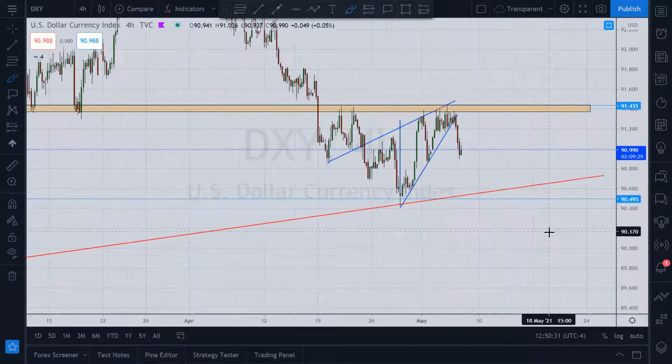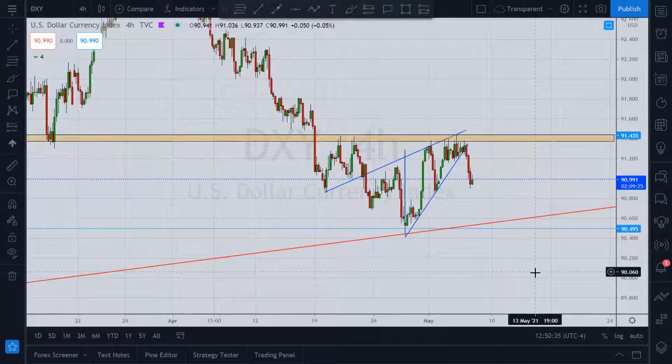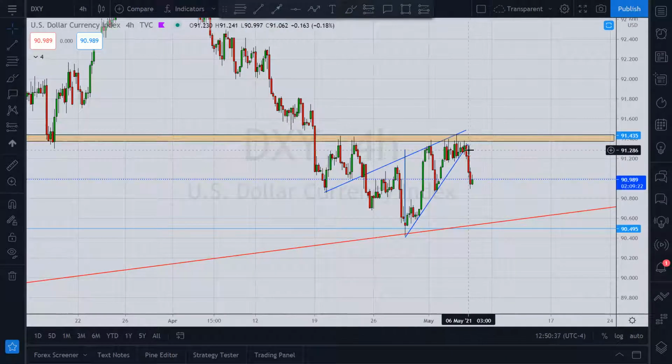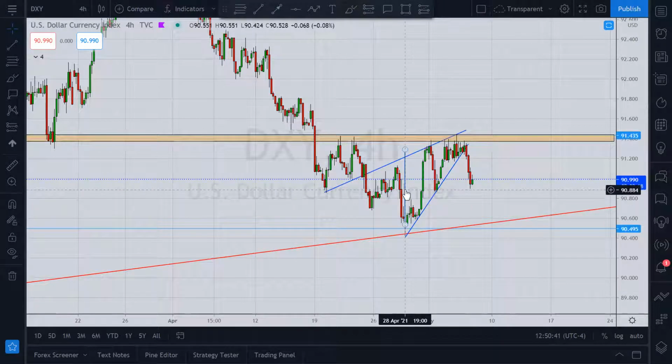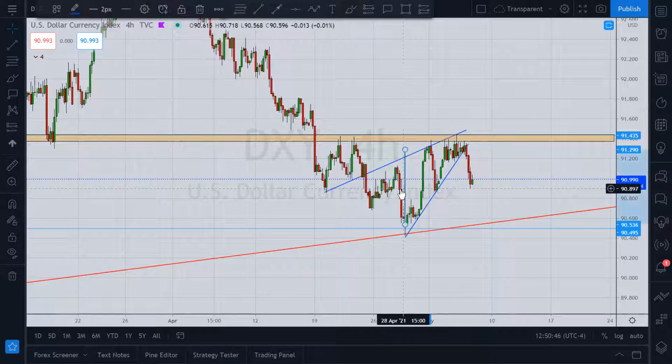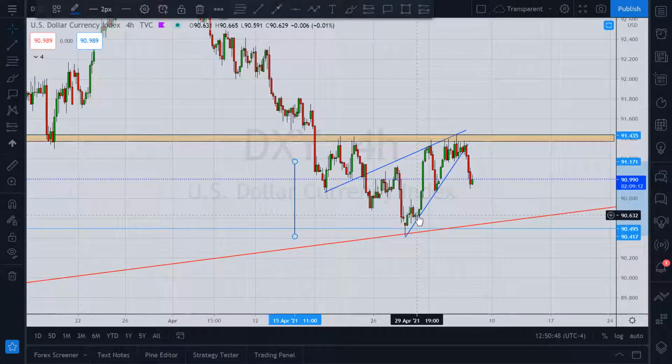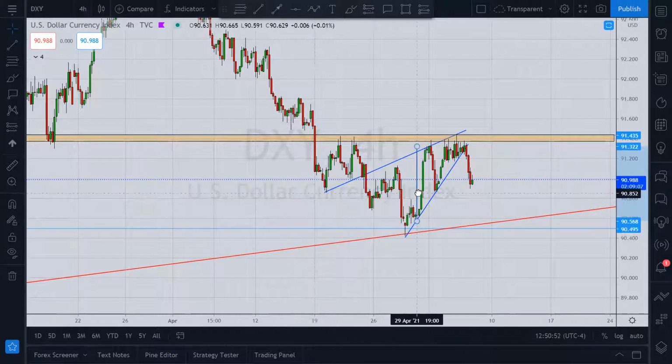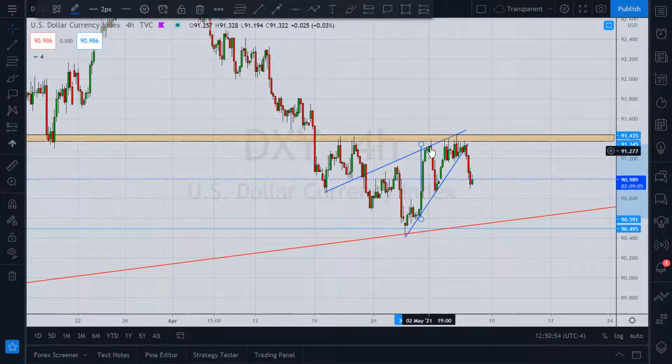I also want you to measure where you expect this downward move, this impulse, could end. The way you do that is by measuring the move from the beginning of the move to the end of the move. This is why I have this here, to that height of the move.